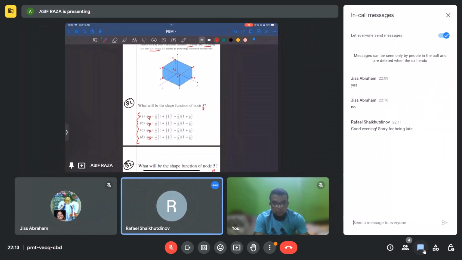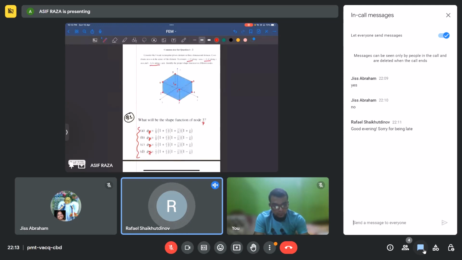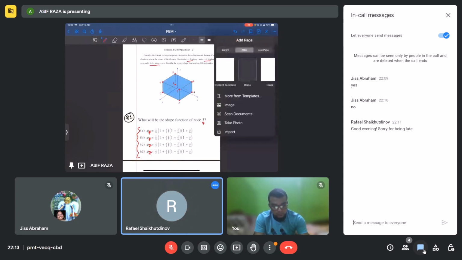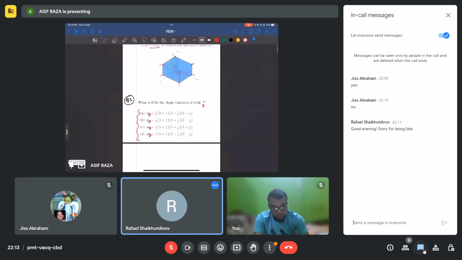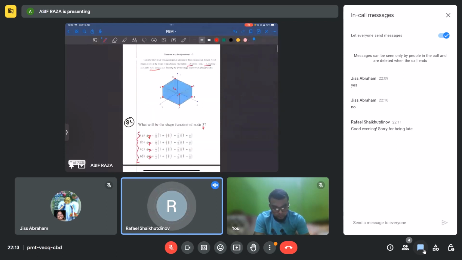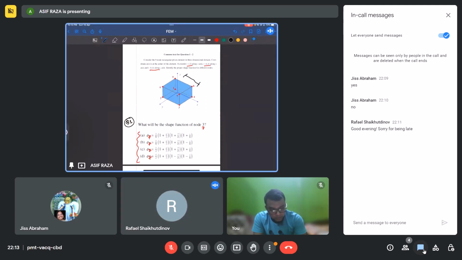Okay, let's think about this. For node 7, we have z from minus h to h. Along the x-axis, it's from minus L to L, that is 2L.